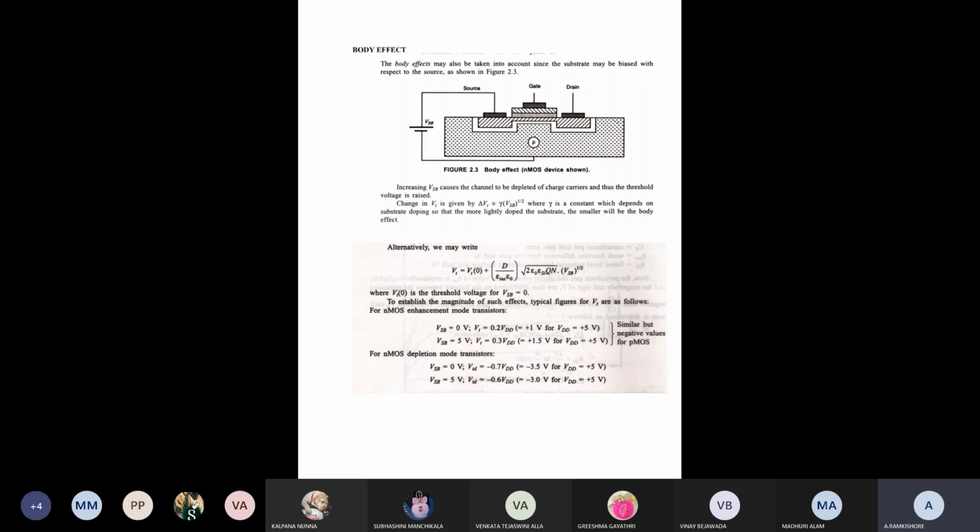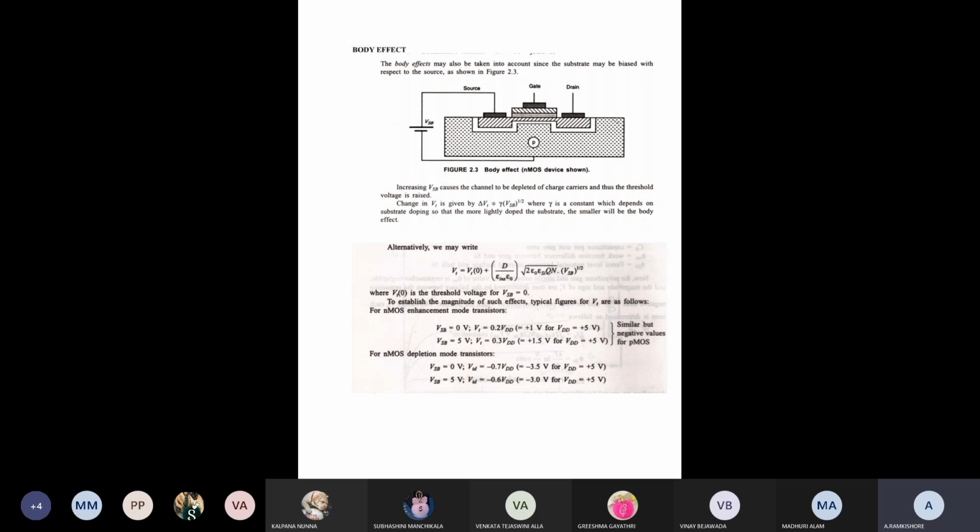That means whenever we use the same devices, the source to substrate voltage varies from one device to another, so the threshold voltage also varies from one device to another.